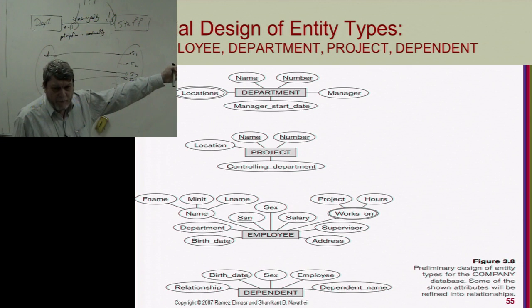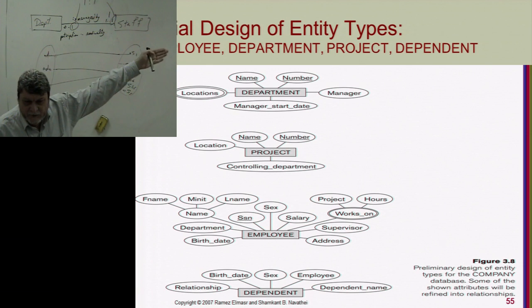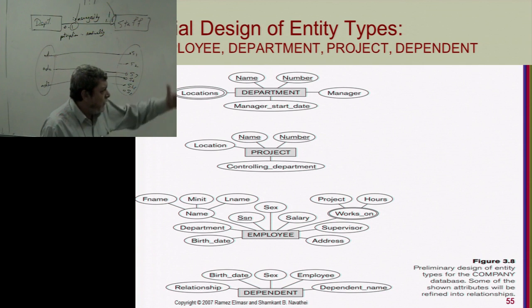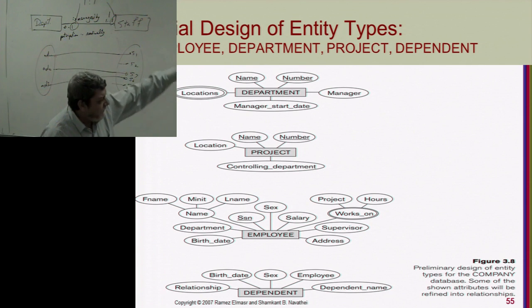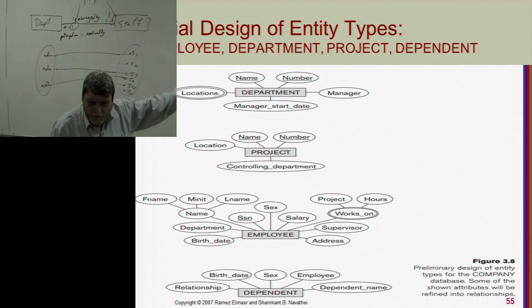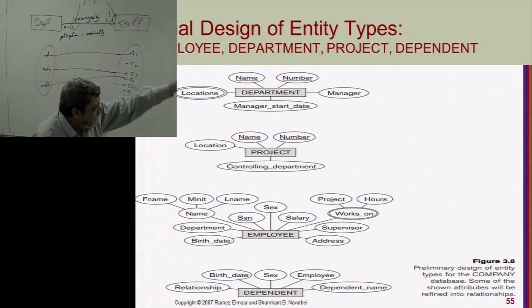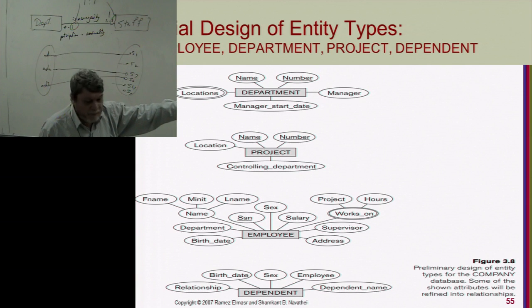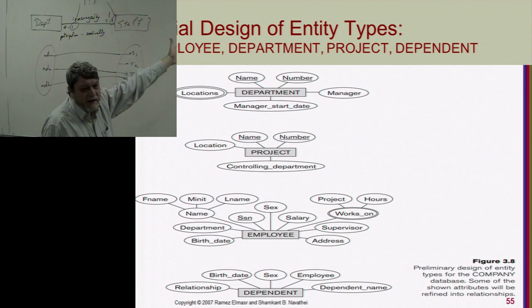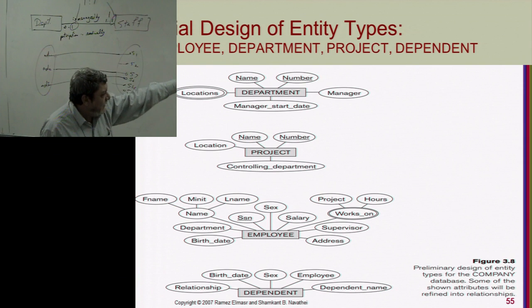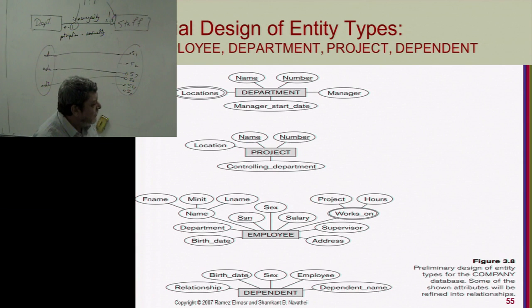So remember, we started this chapter having these examples, and I discussed one of them and left the others to you. When we have a description from the user that says department, we have an entity type called department, and we need to keep track of the name of the department, the number of the department, the manager who manages this department, the locations, which are multiple, and the start date of the manager.